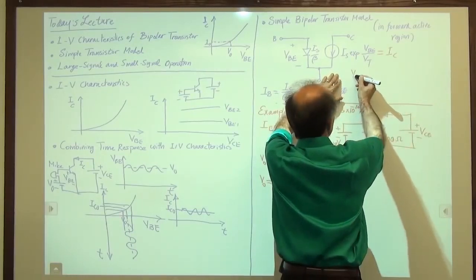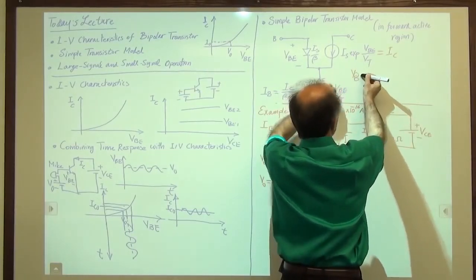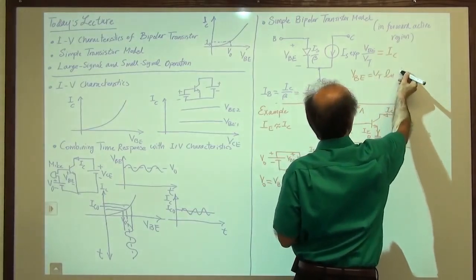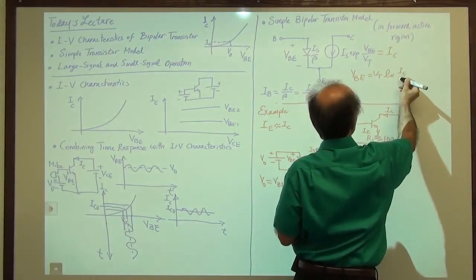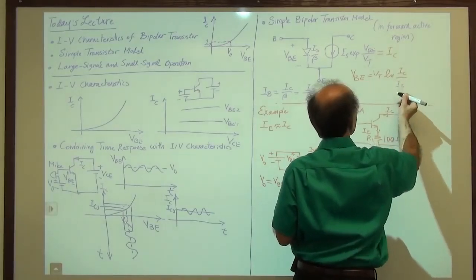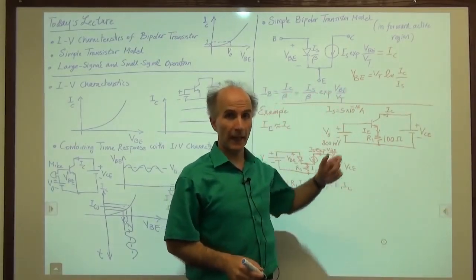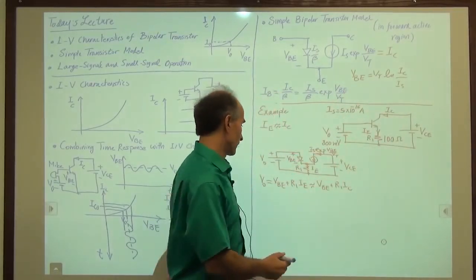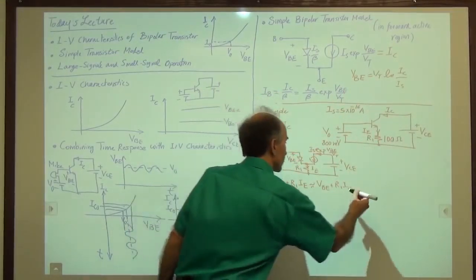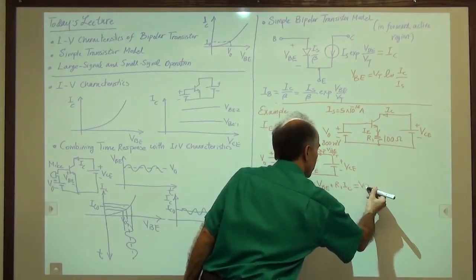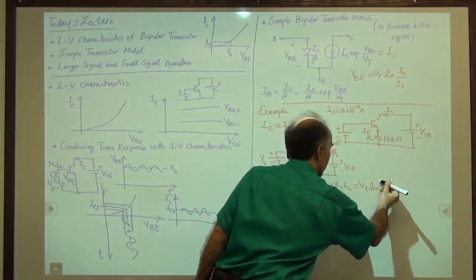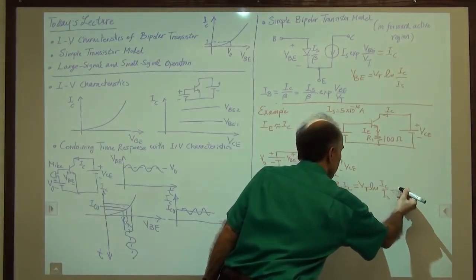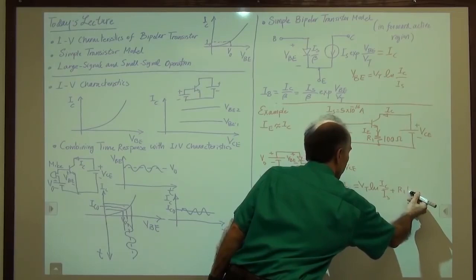So I can say VBE is equal to VT log of IC over IS, right? And I replace for VBE from here in here. So I can say V0 is equal to VT log of IC over IS plus R1 times IC.